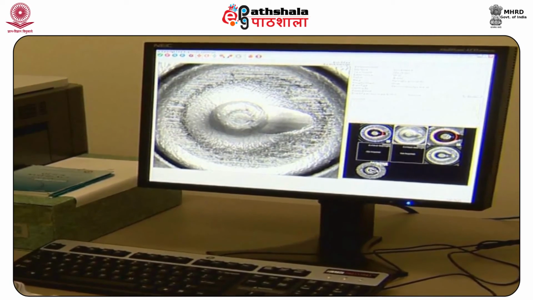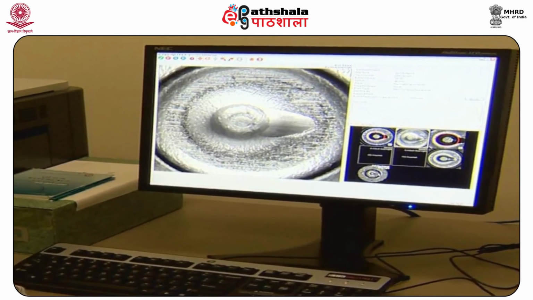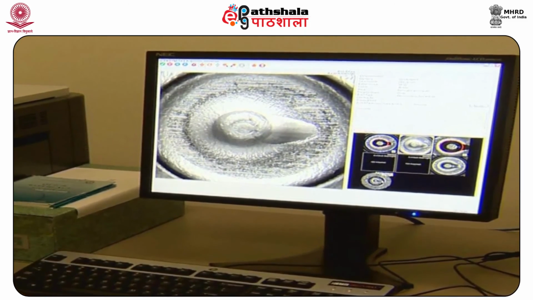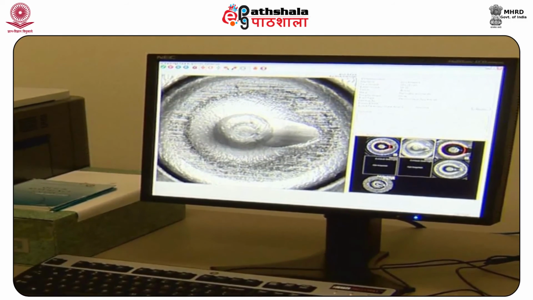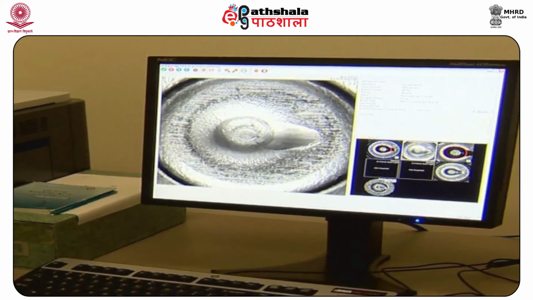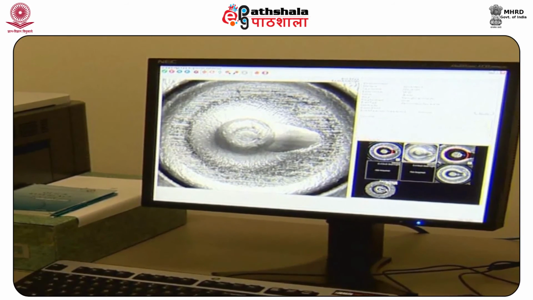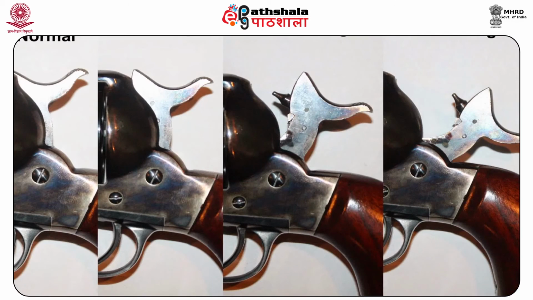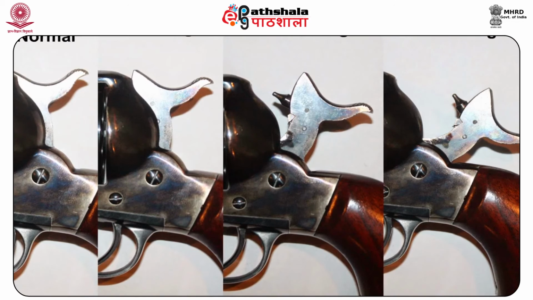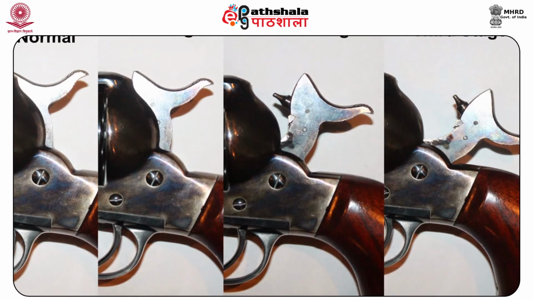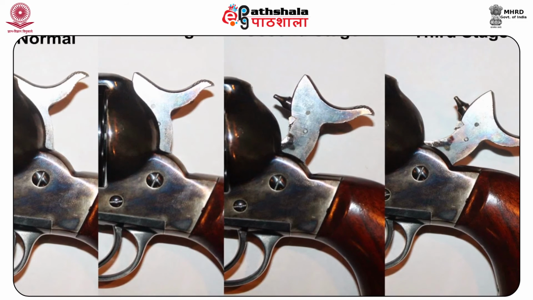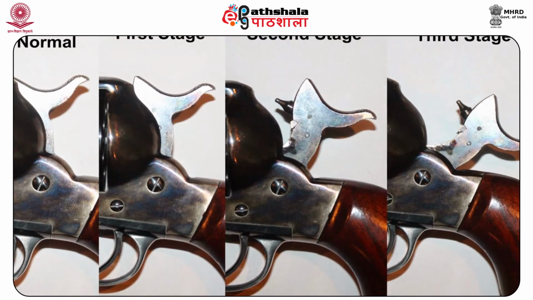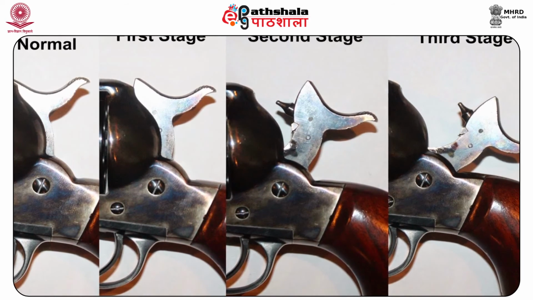The FBI sponsored research into digitalizing the photographs. Then the images were displayed on a high-resolution computer screen in a tiled pattern surrounding the exhibit under examination. The system was called DRUGFIRE. In 1992, the FBI began the DRUGFIRE system. The DRUGFIRE system is a database of firing pin and primer impressions of spent cartridges recovered from crime scenes.